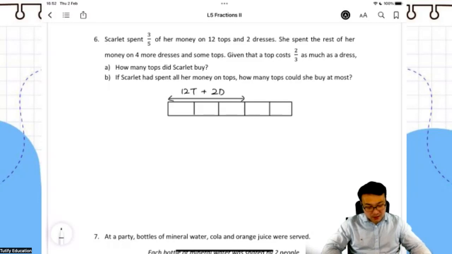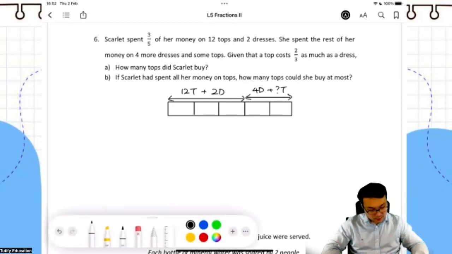And she spent the rest of her money on 4 dresses and some tops. Okay, they're not telling you how many tops. 4 dresses and I don't know how many tops. Now, a top costs 2/3 as much as a dress.